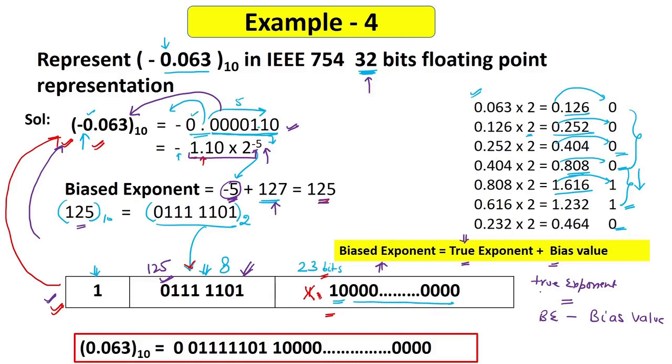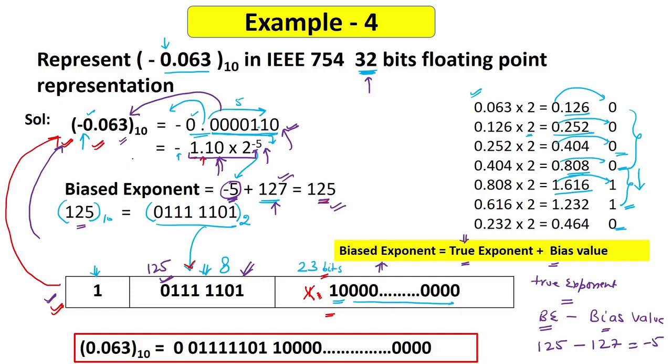So my formula will now look like this: true exponent equals biased exponent BE minus bias value. In this example, the biased exponent is 125 minus this 127, I can get -5. After I get -5, I will somehow get this form, and after that I will get this form. This is easy to get, and then I can easily get this.